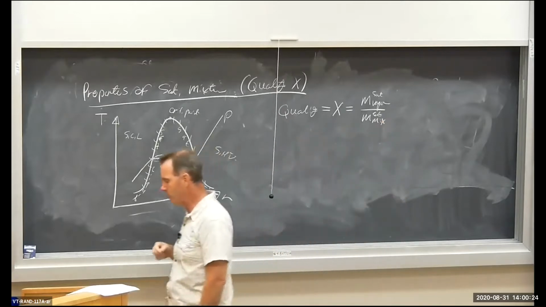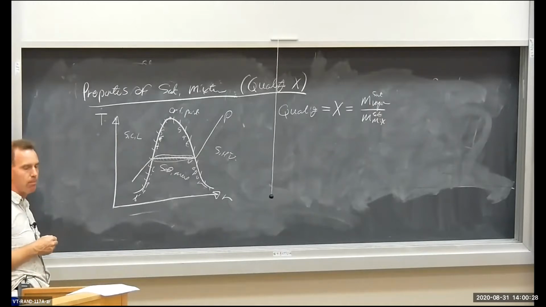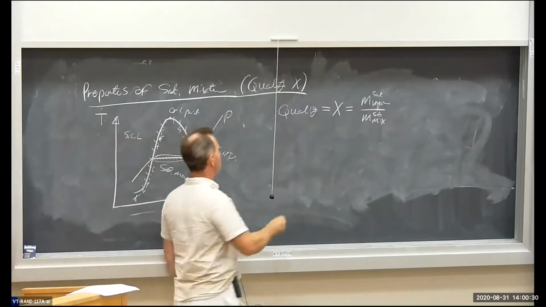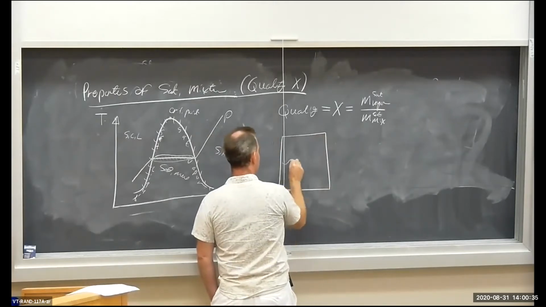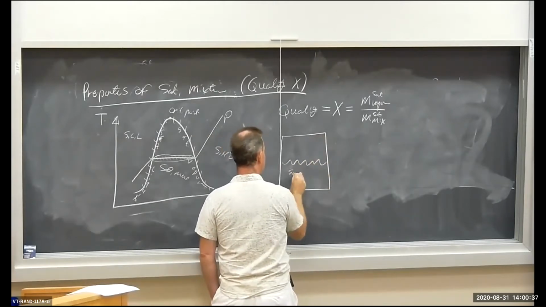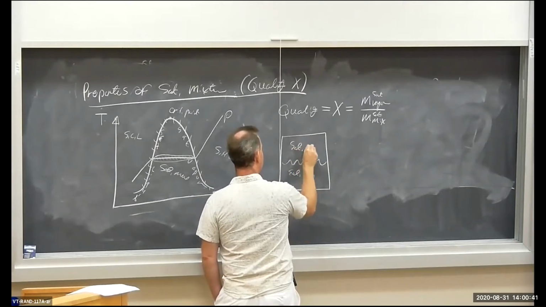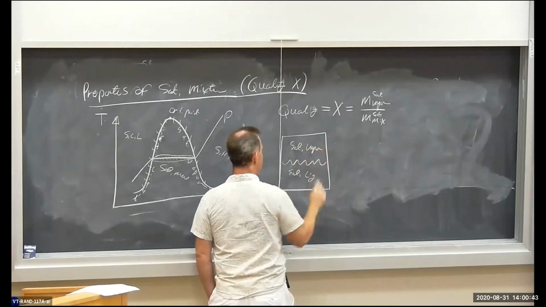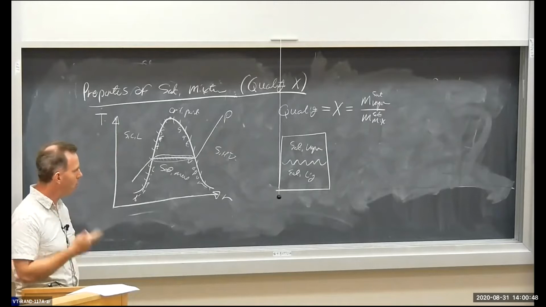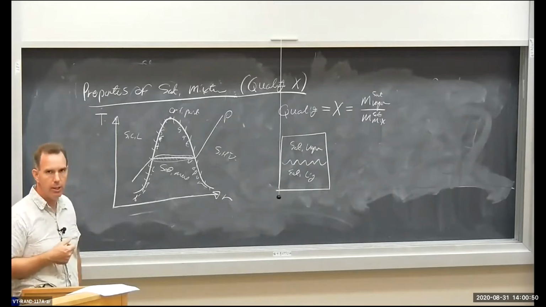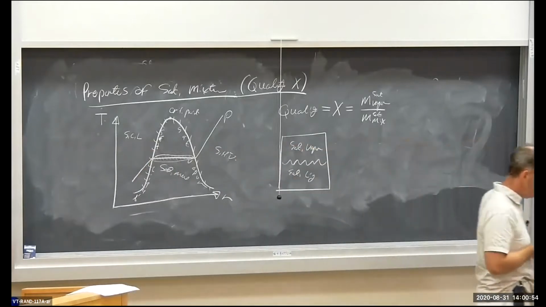It basically tells us the mass fraction of the vapor component in our mixture. So let's say we have a mixture here, between saturated liquid and saturated vapor. I need to know either a temperature or pressure and a quality to define the state.